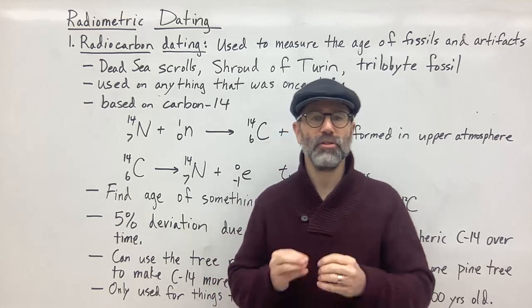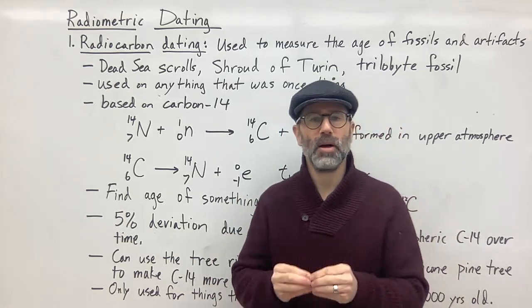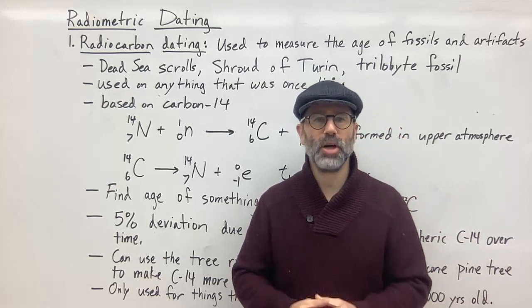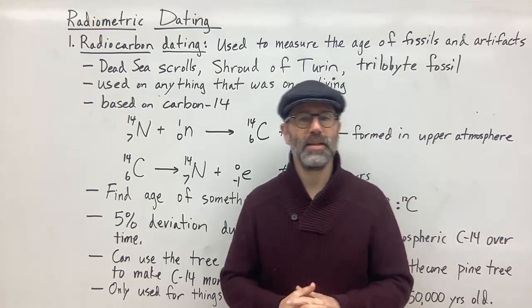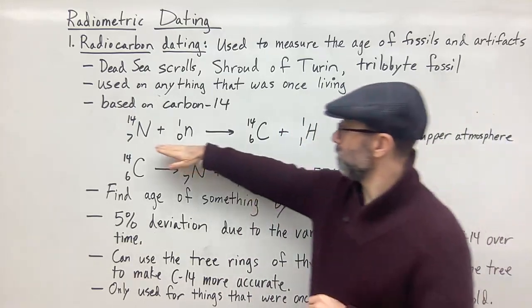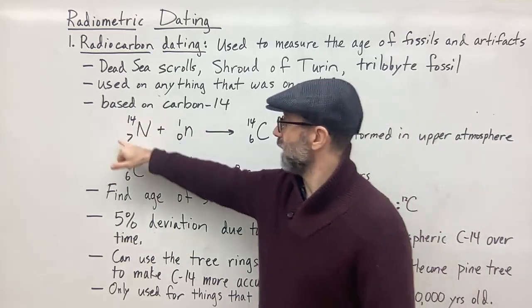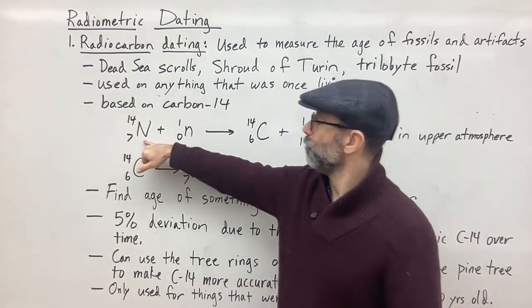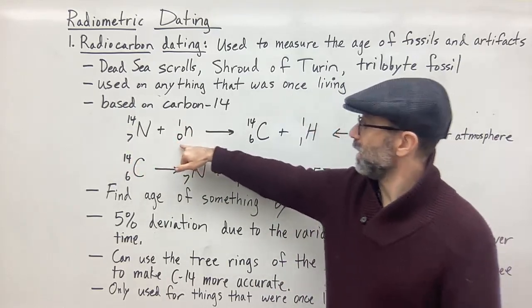A very small part of your carbon is actually carbon 14. And this is created in the upper atmosphere through neutron bombardment. So what that means is that you have nitrogen 14 in the atmosphere. It's going to be bombarded by a neutron.